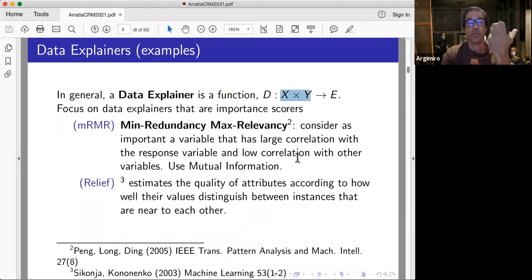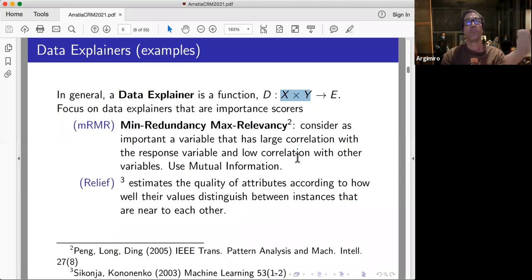Maybe here is an example of what a data explainer would be in time series analysis, for an ARMA model. This is something that I'm sure everyone is more familiar with. You do the autocorrelation test to see which lags of my time series variables are actually influencing my value today.